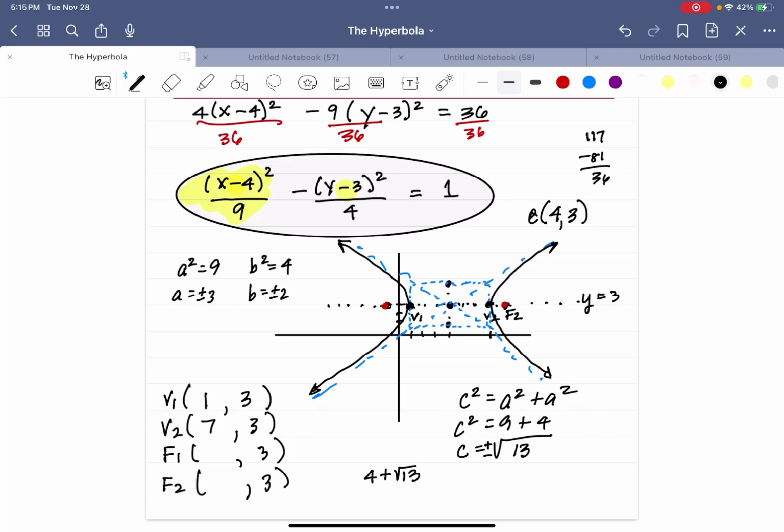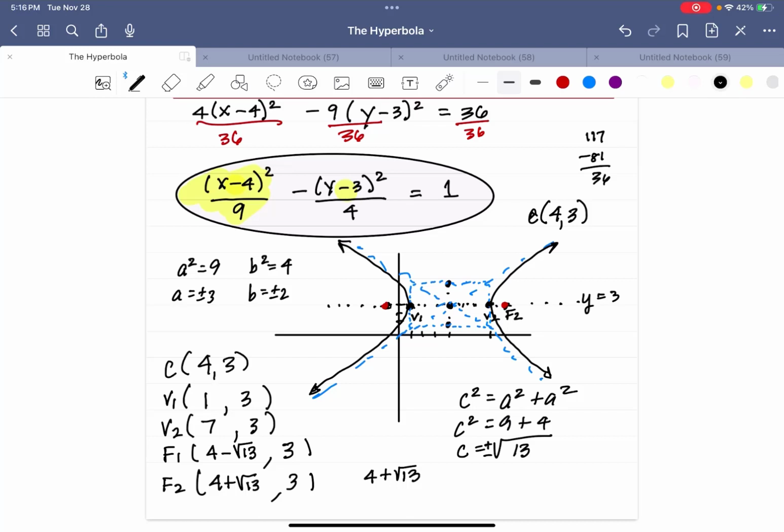And of course, it's at 3 still on the y. So these y's are both 3's. The one on the right is 4 plus the square root of 13, and the one on the left is 4 minus the square root of 13. So we know where the center is, 4, 3.